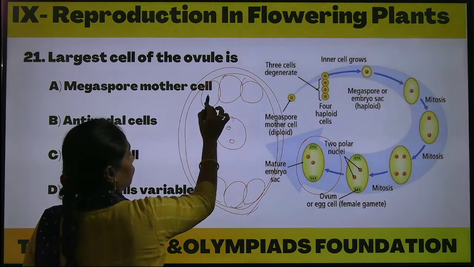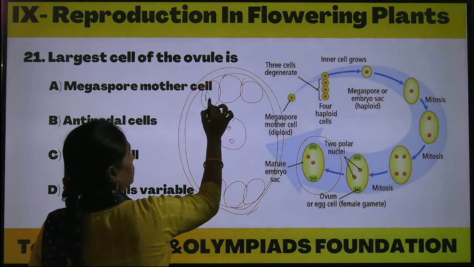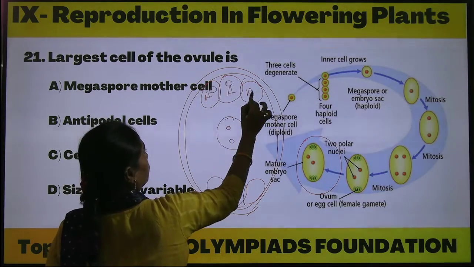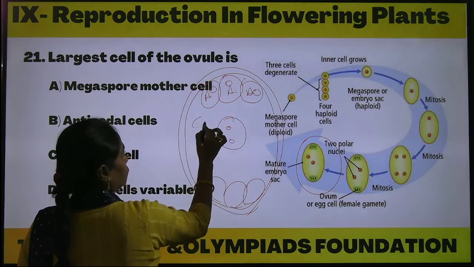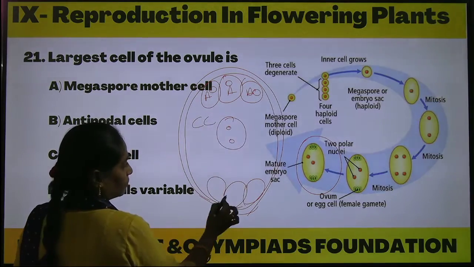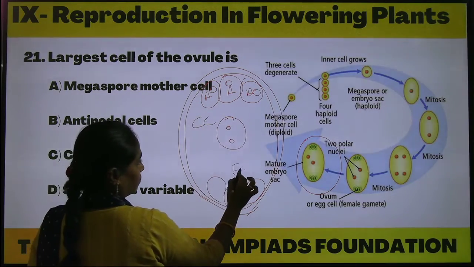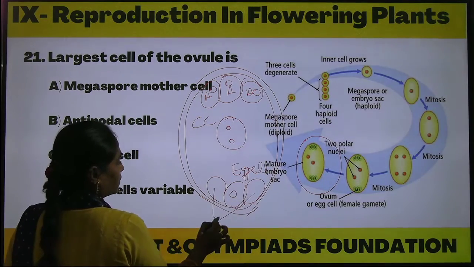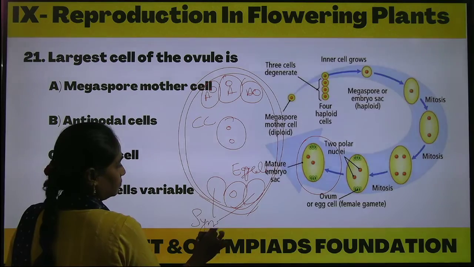Yes, 3 antipodals. This is the central cell. This is the egg cell. These are the synergids.